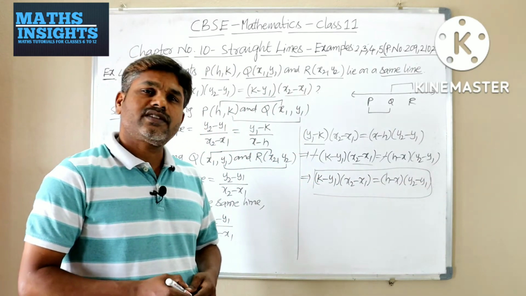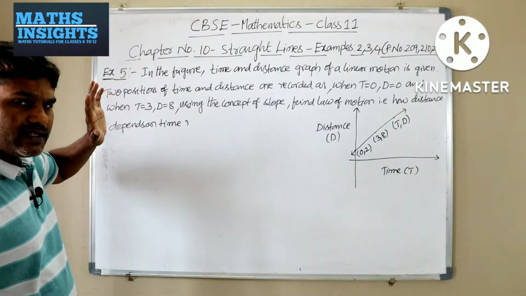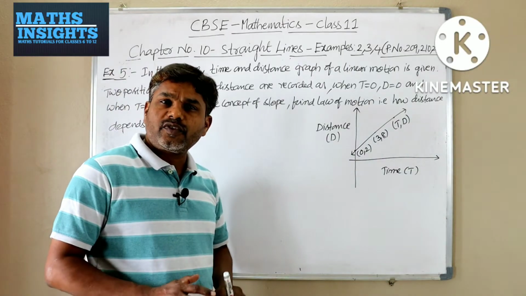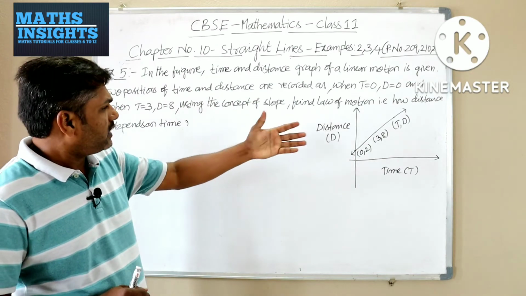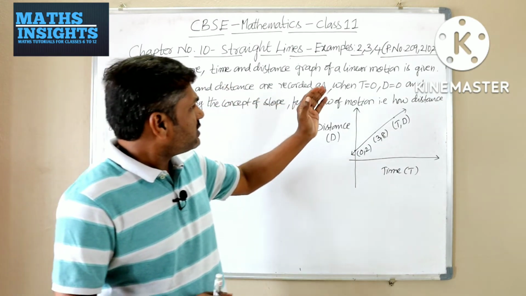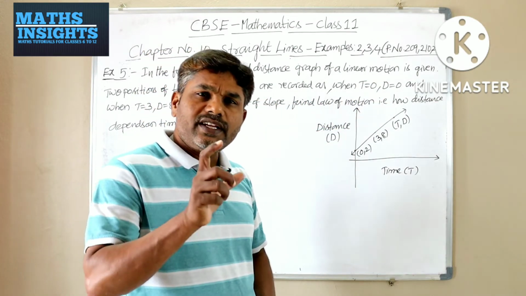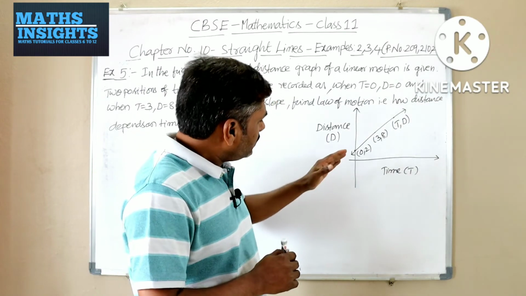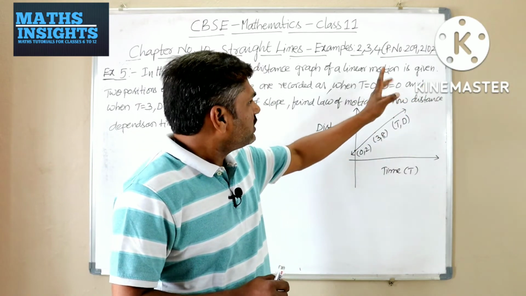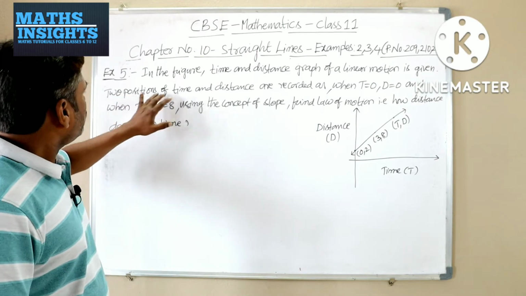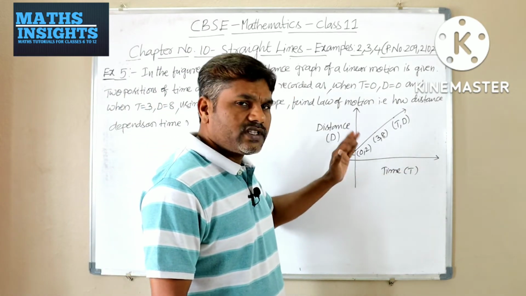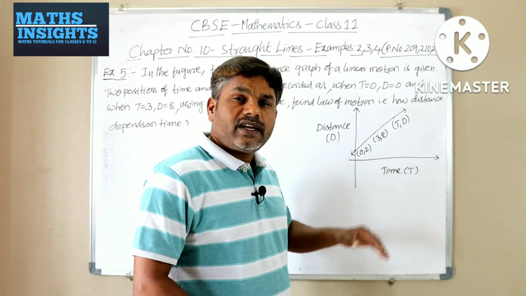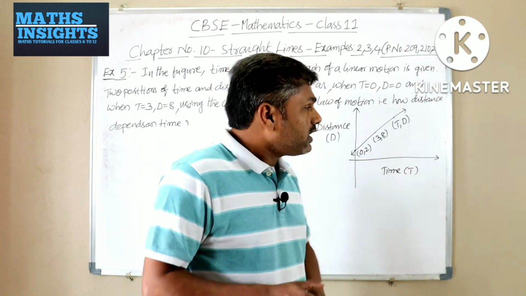Next we will go to the next example, example 5. In this case also you have to use the concept of slope. What is the figure here? Time and distance graph of a linear motion. Linear means straight, so the motion is straight. Two positions of time and distance are given. Time is related to distance: when time increases, the distance traveled will also increase.